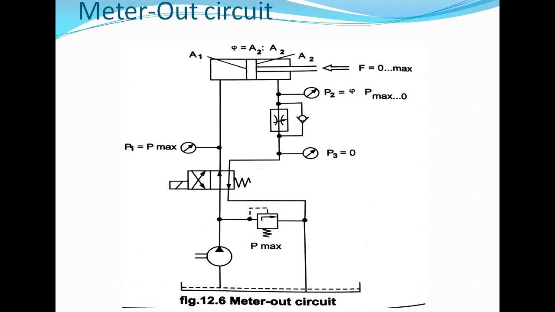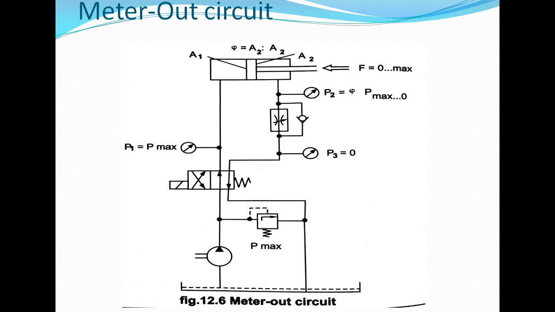Then at this port, we can see there is a check valve, so oil will not go through this direction. Here there is only one direction, through this throttle valve, and we can control the flow of the oil through this throttle valve. So whatever oil is going out of the cylinder is controlled by this flow control valve or throttle valve.